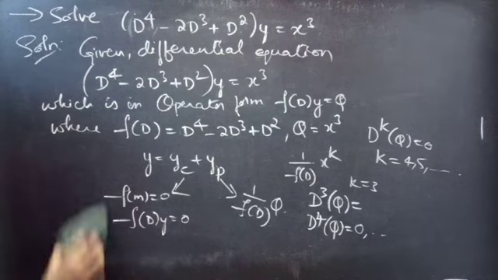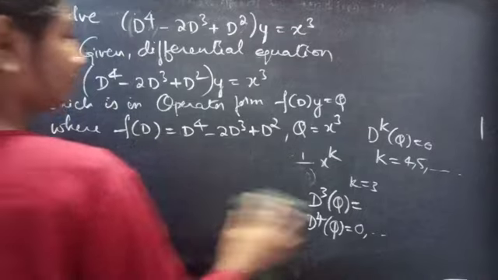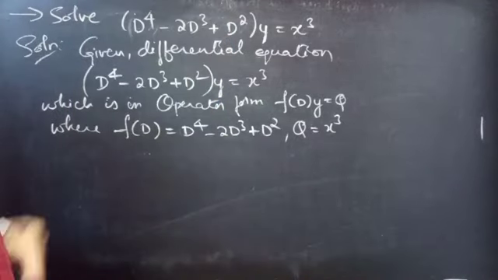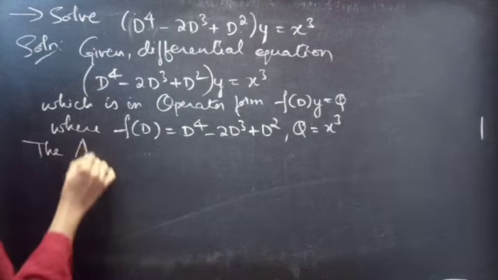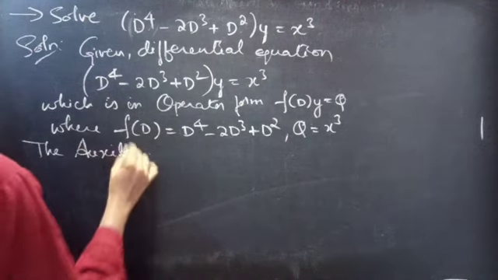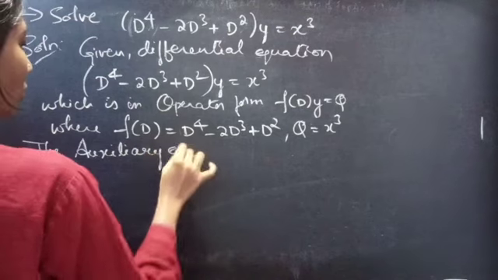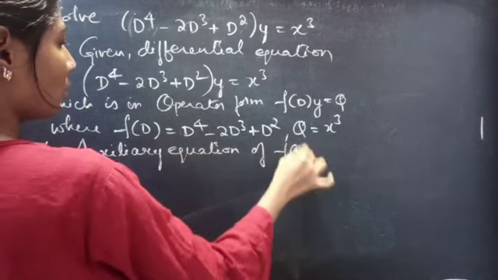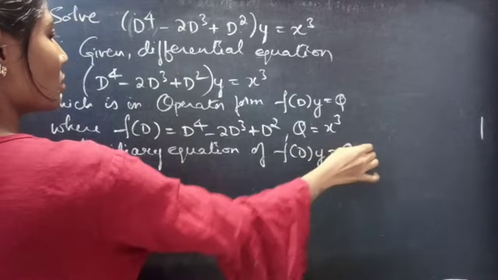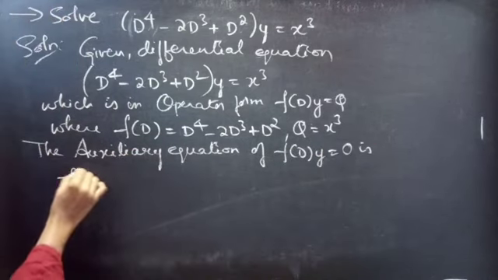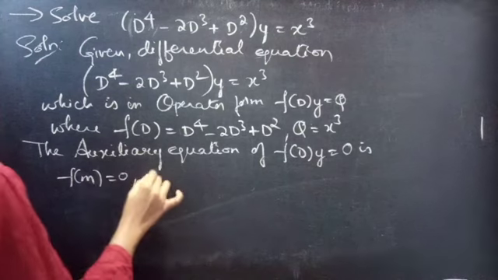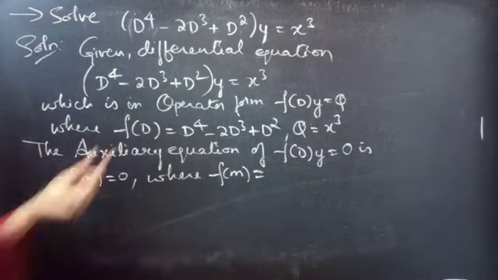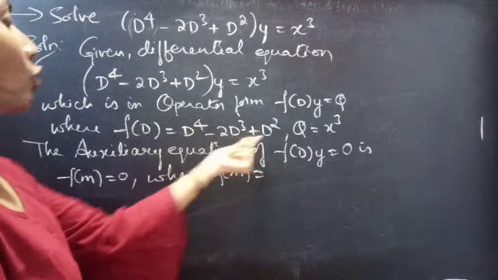Firstly, we'll find yc. The auxiliary equation of F(D) y = 0 is F(m) = 0, where F(D) = D^4 - 2D^3 + D^2, right?